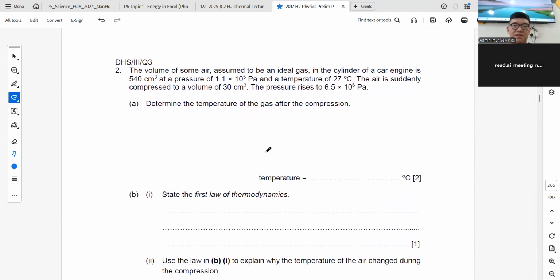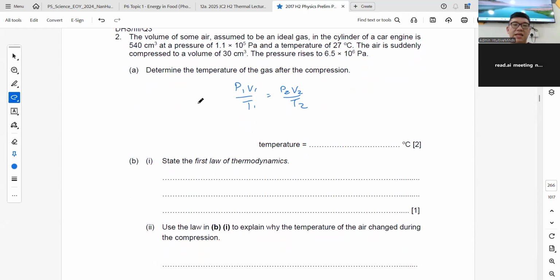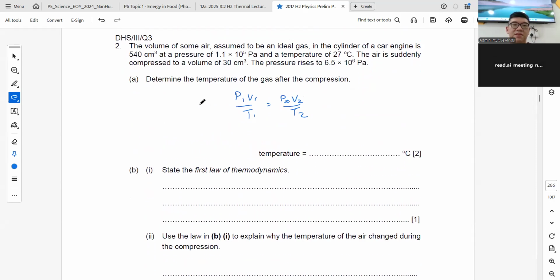Next. Remember this? So try it. Use the ideal gas equation to solve.